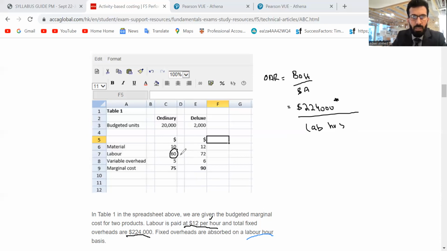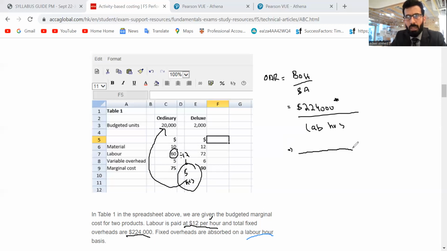That gives me that the number of hours required to make 1 unit of product ordinary is 5 hours. Because we have 20,000 units of ordinary, this product would require 100,000 labor hours, 20,000 into 5.